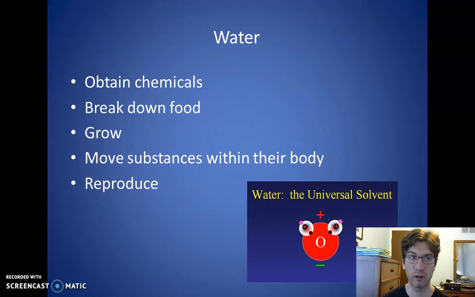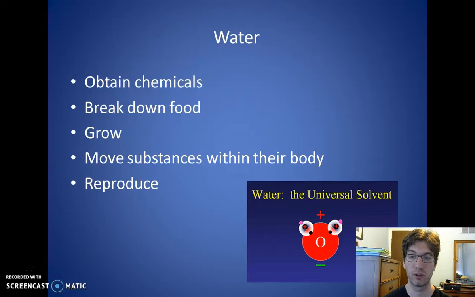Our next need is water. Water is used for a variety of different functions in organisms. Number one is to obtain chemicals. Water is our universal solvent, meaning it dissolves most chemicals and therefore helps you break down food and get all those chemicals, your carbohydrates, your proteins, your lipids, all that we mentioned earlier.